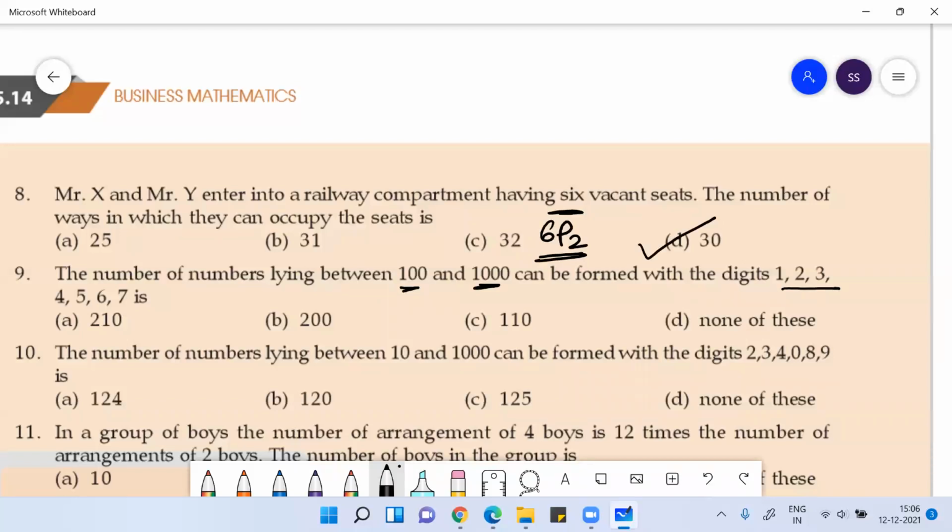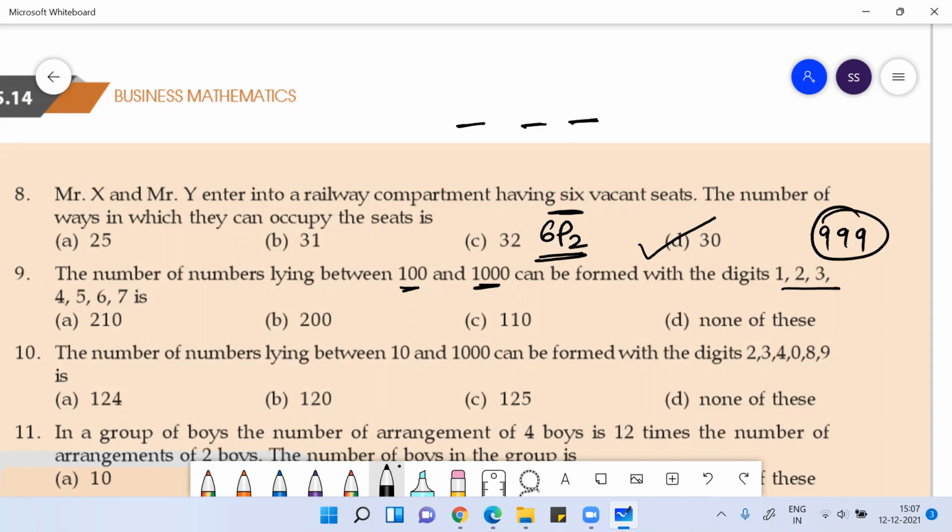Ninth one, the number of numbers lying between 100 and 1000 that can be formed with the digits 1, 2, 3, 4, 5, 6, 7. So you basically make a 3-digit number. The largest one is 999, and there's no 9 here.